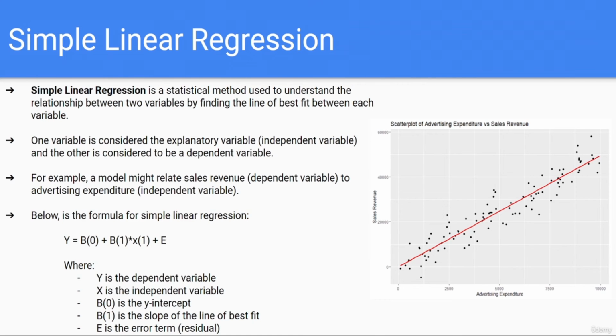The explanatory variable is usually our X variable, and the dependent variable is our Y variable. That's how you'll usually, if not all the time, see it referred to. So for example, in our sales revenue and advertising expenditure example, sales revenue would be our Y variable, or our dependent variable, and advertising expenditure would be our X variable, or our independent variable, or explanatory variable.